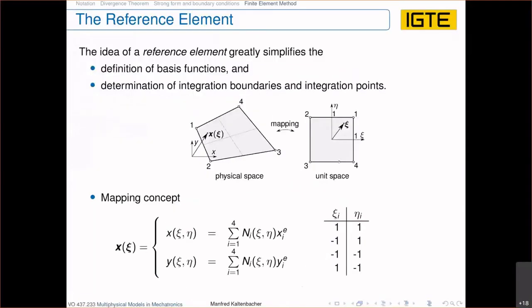between the reference element and the physical element, the physical space defined by x and y, the unit space defined by psi and eta. And so we have here 4 equations for the x coordinate, where x takes on the value of the x coordinate of the first node, of the second, third, and fourth node.